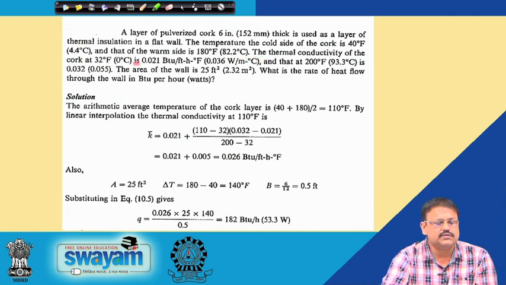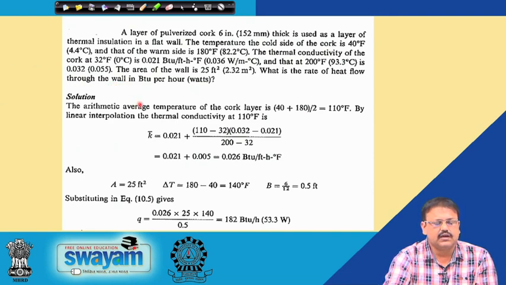The thermal conductivity of the cork at 32 degree Fahrenheit is 0.021 BTU per foot per hour degree Fahrenheit, and that at 200 degree Fahrenheit is 0.032. The area of the wall is 25 square feet. So, what is the rate of heat flow through the wall in BTU per hour?